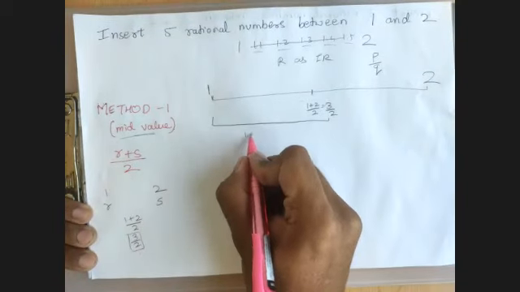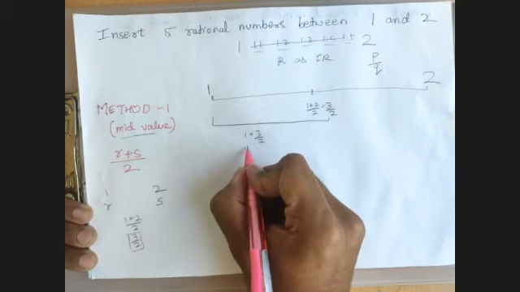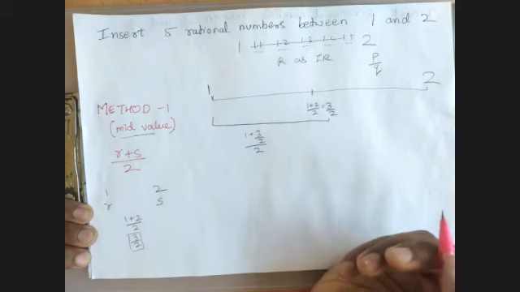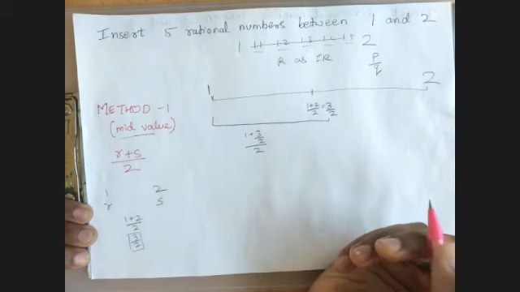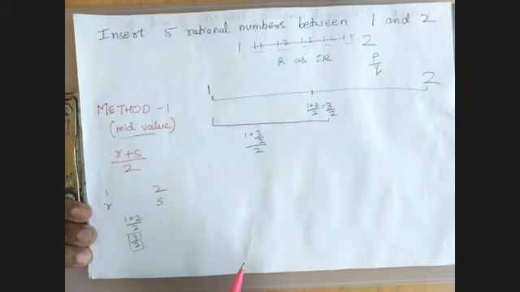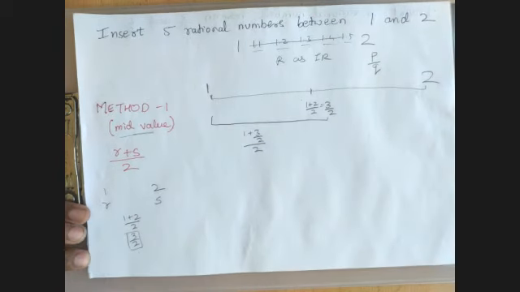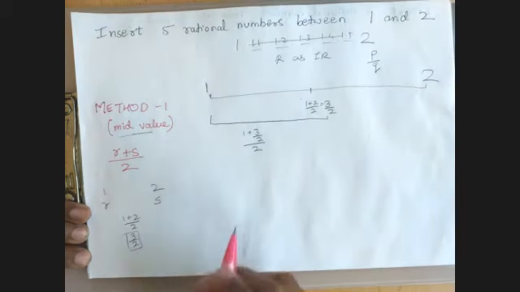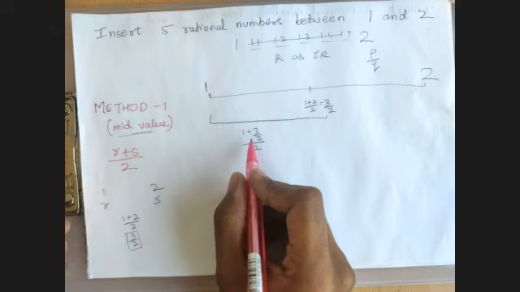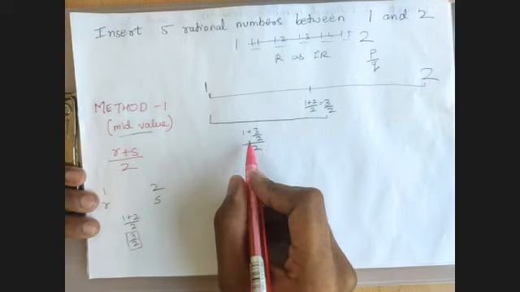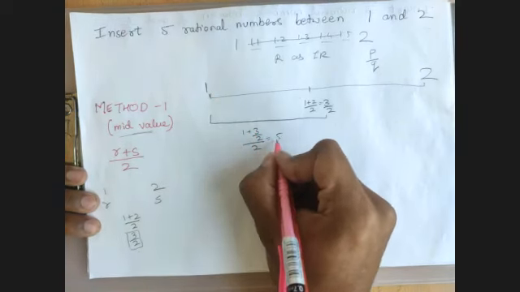That is 1 plus 3 by 2, by 2. So that would be equal to 5 by 4.